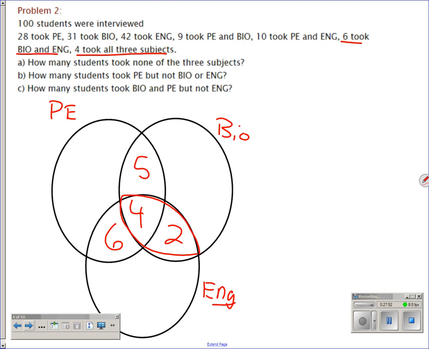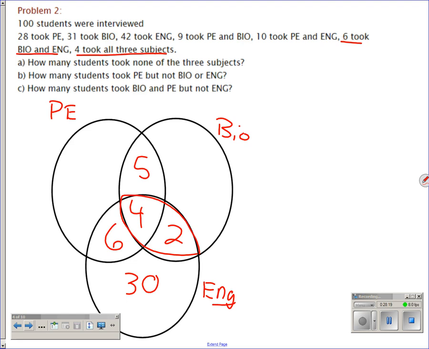Now we're just left with the exactly ones, the only PEs, the only biology and English. It says that 42 took English. So how do I figure out how many took only English? 42 minus everything already in the English circle, or 12. 42 minus 12 is 30.